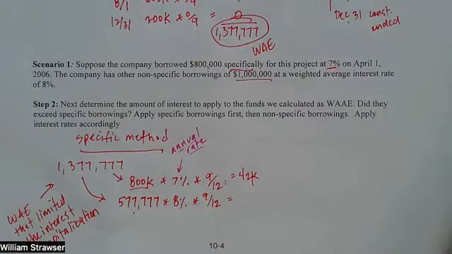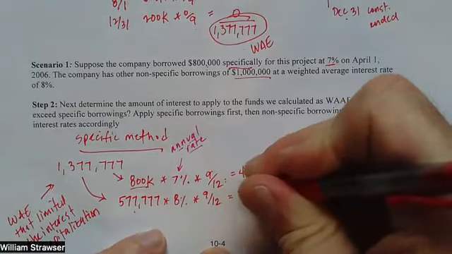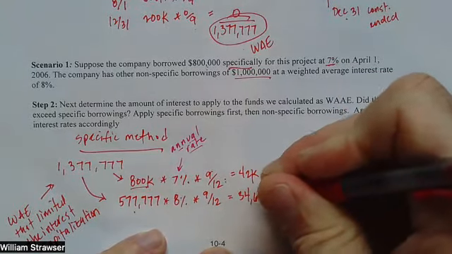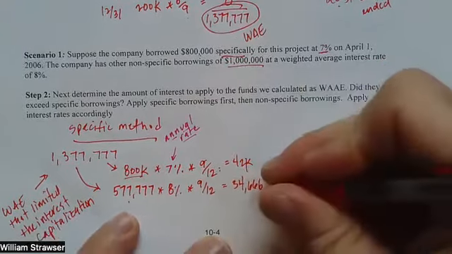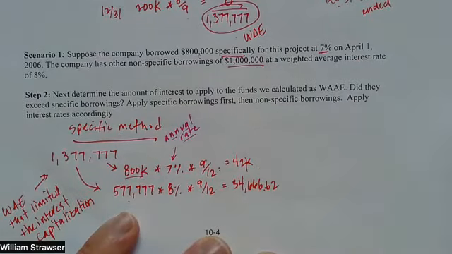And for the bottom one, 577,777, multiply that by 8% and 9 twelfths. So now it's a weird number, 34,000 and 62 cents, if we're being exact.